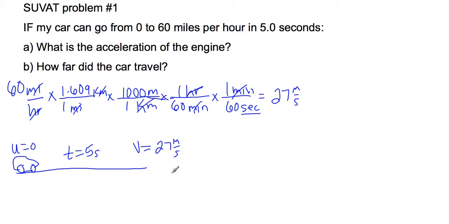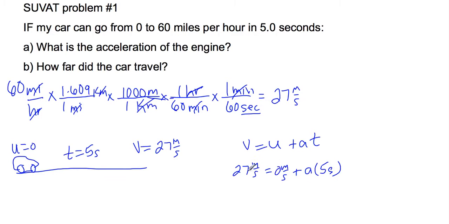So the next step is picking an equation. And our first equation, v equals u plus a times t, is a very good example because it fills in everything but what we're looking for, which is the acceleration. Fill in my numbers: 27 meters per second is equal to 0 meters per second plus a times 5 seconds.